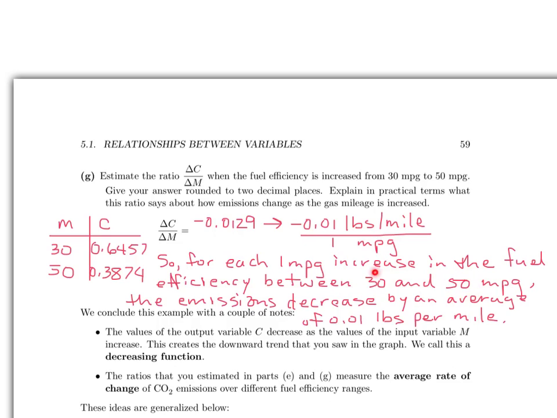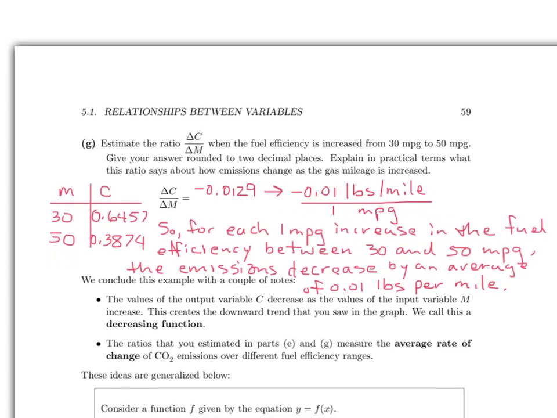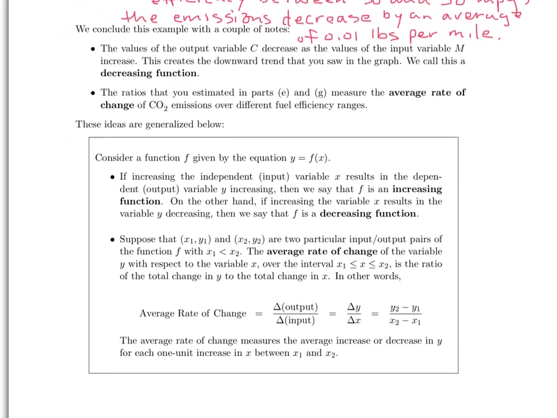So this range, if you look at the graph, is further to the right on the graph, in an area where the function's graph is not dropping very quickly. So we would expect the average drop in this range to be less than the average drop in emissions in the range from 15 to 35 miles per gallon, and that's what we're seeing in these numbers. We conclude this example with a couple of notes.